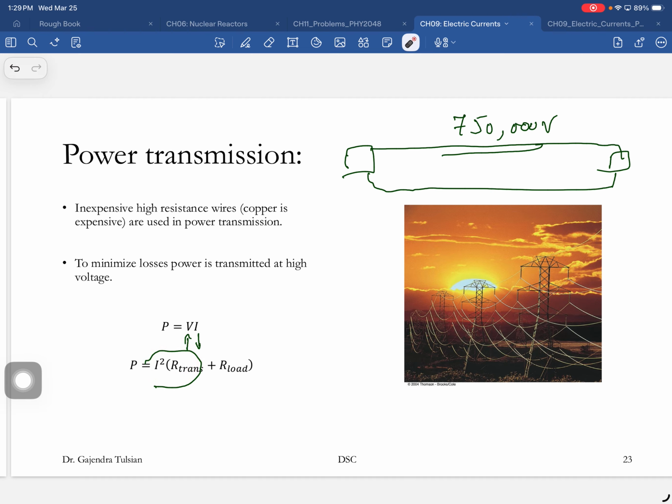You can major in electrical engineering, and power transmission can be a specialization. In the US, we lose about 6% of the electricity in transmission.